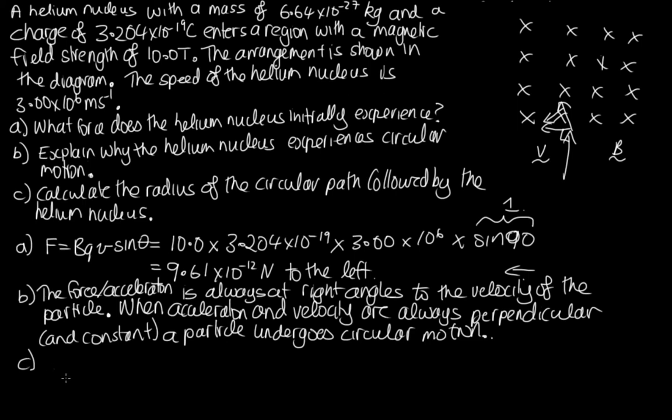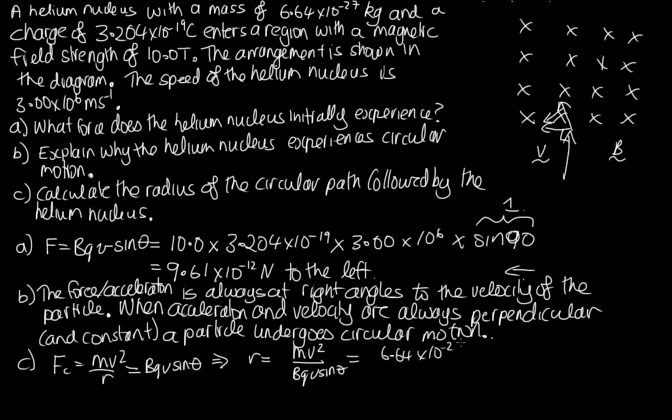Part C then, we need to calculate the radius of the path. So we know that the centripetal force, mv squared on r, comes about due to this magnetic force here, BQV sine theta. And so this tells us that the radius is equal to mv squared over BQV sine theta. And so the mass we're given up here, 6.64 times 10 to the minus 27.